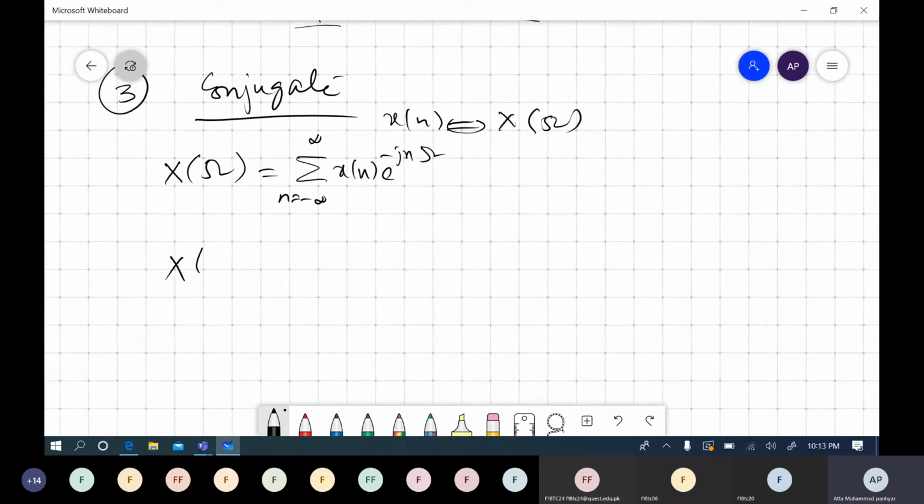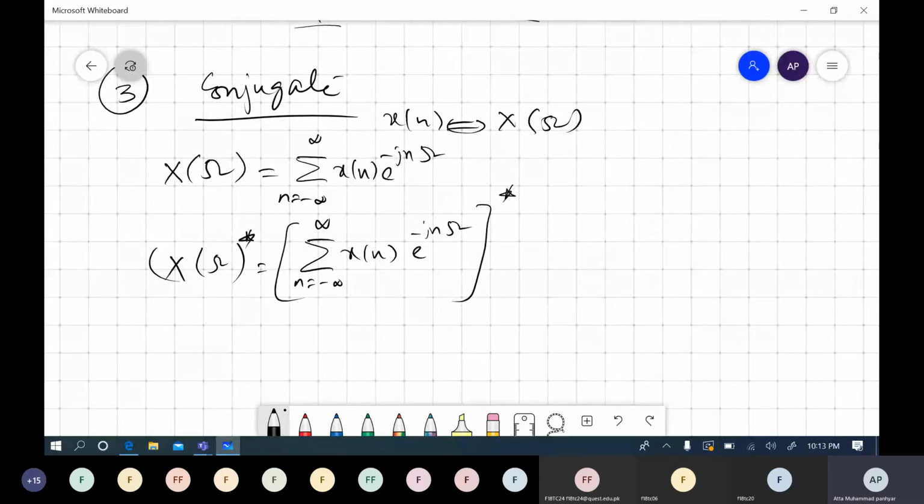Then if you conjugate on both sides, this must be equal to the summation over n from minus infinity to infinity of x of n. Now conjugate on both sides, let me write it step by step. We conjugate on both sides.